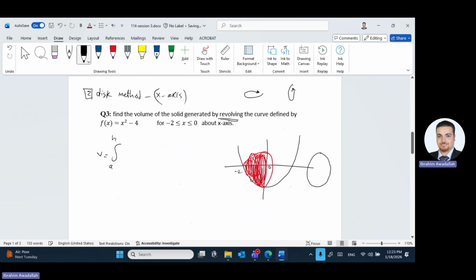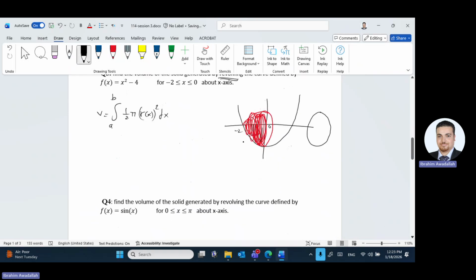So the integral from a to b of pi r of x squared dx, or with y, r of y dy, by the way. So now where's the radius? The radius is from this point to this point, and from this point to this point will be my function.